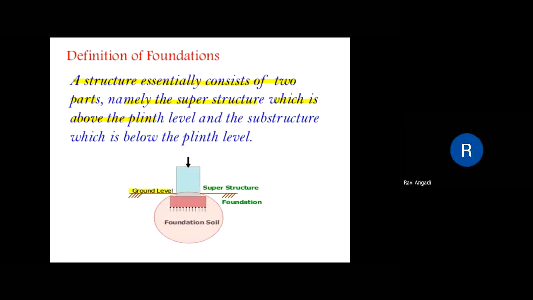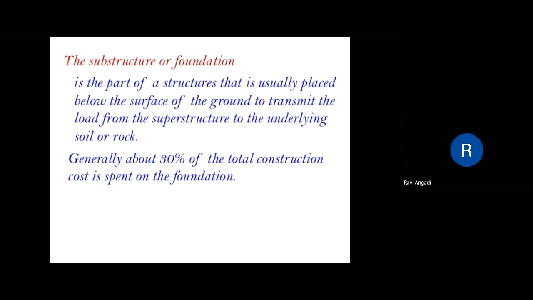This is the ground level, and above the ground level is what we call the superstructure, and whatever part of the structure lies below the ground level is called the substructure. So a structure consists of two parts: one is the superstructure, the other is the substructure. Then in the substructure you will get the foundation, footing and foundation soil.